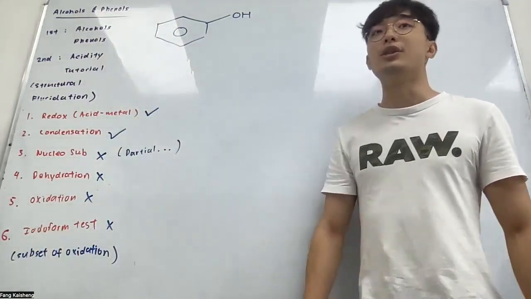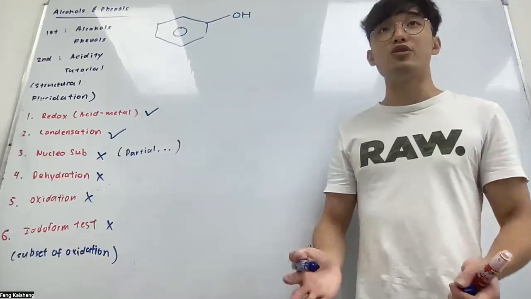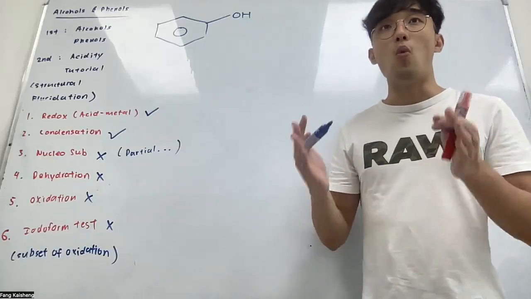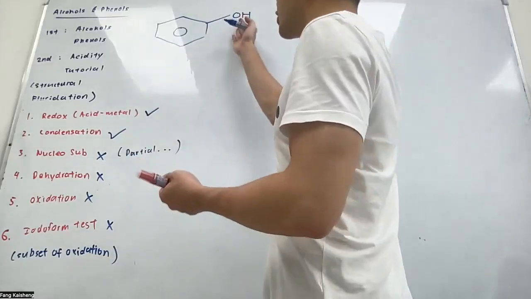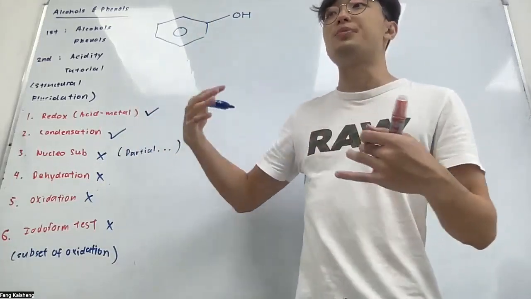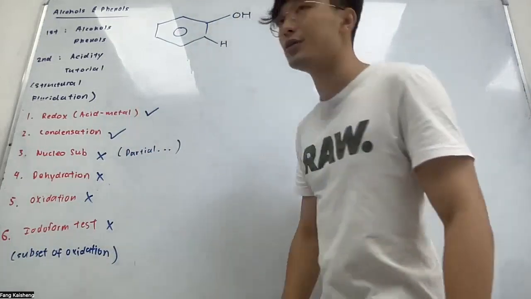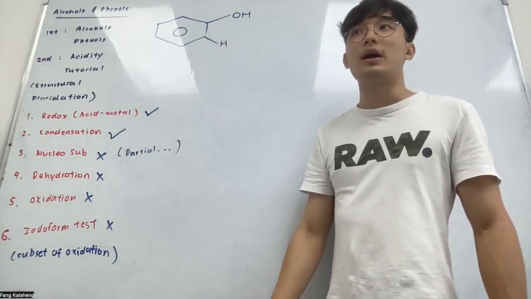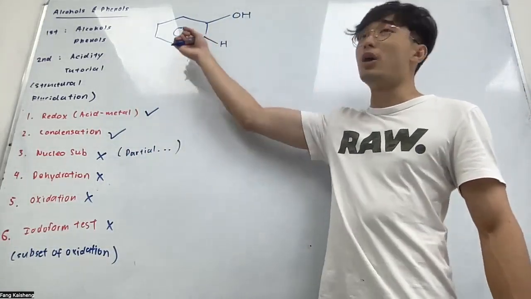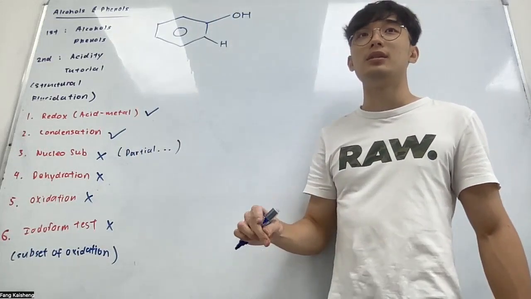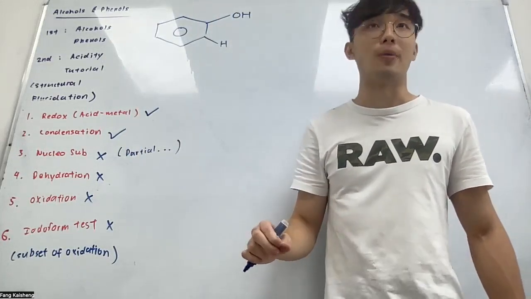Guys, why can't you undergo dehydration? Dehydration means you remove water, OH and H. Now the H must be beside, right? So look at beside. Why can't you remove this H? Guys, you remove the H, what will happen to the ring on the benzene? The ring will die, right? It will break.